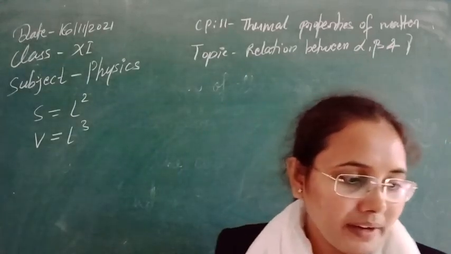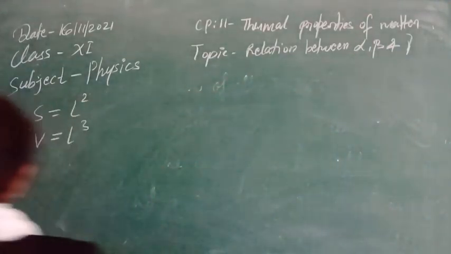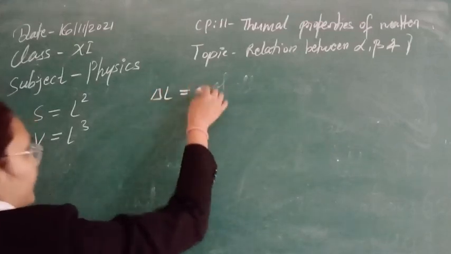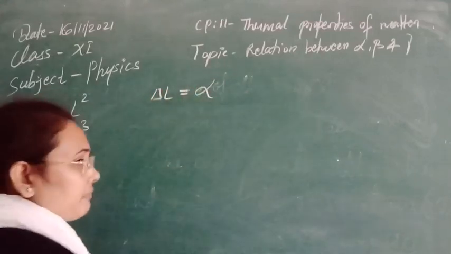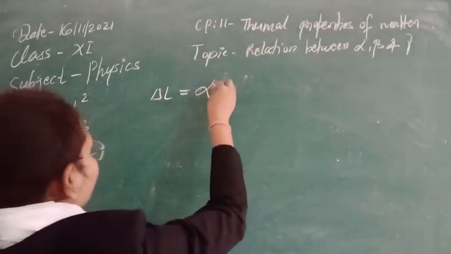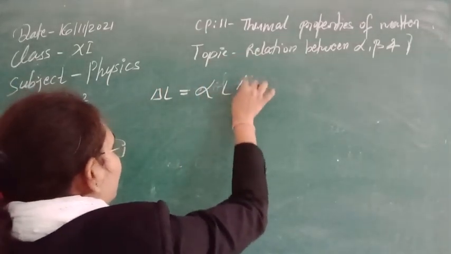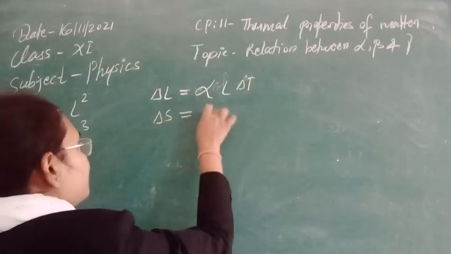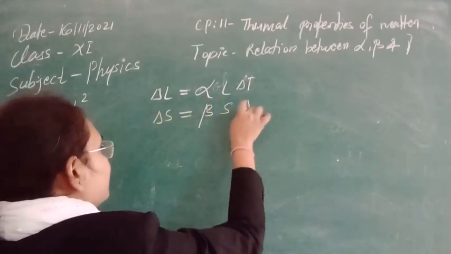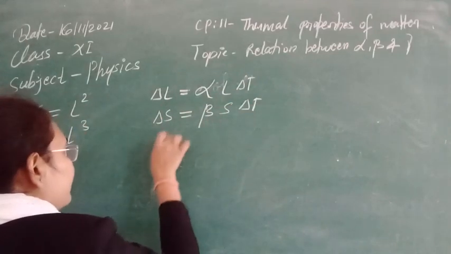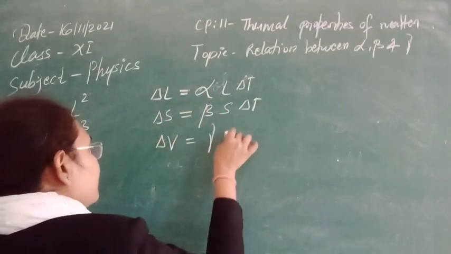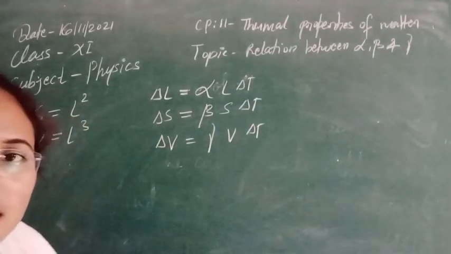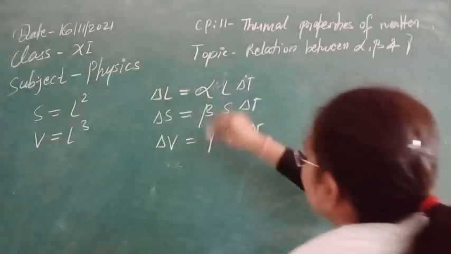Before finding the relationship, we can write the increment in length, delta L, as by the concept we defined in yesterday's class, that is alpha L delta T. Similarly, delta S is beta S delta T, and delta V is gamma V delta T. Now let's start to discuss the relationship between the terms alpha, beta and gamma.